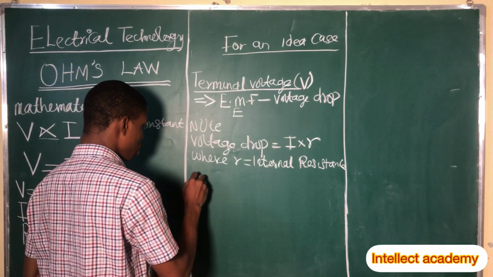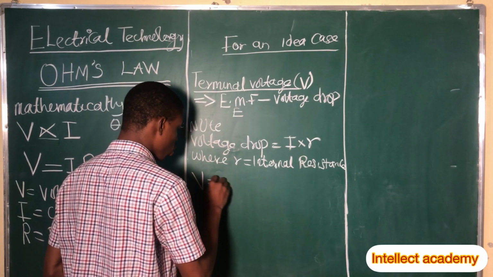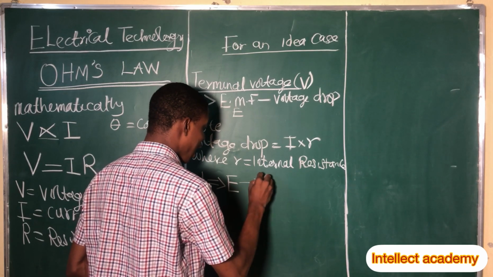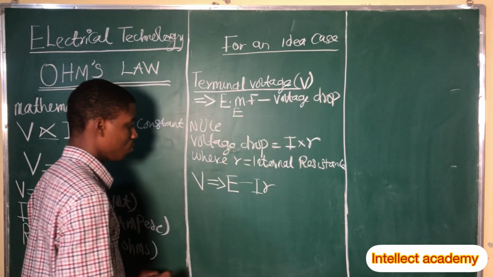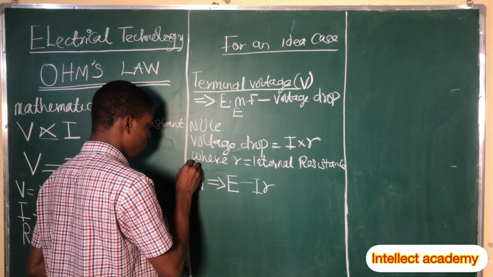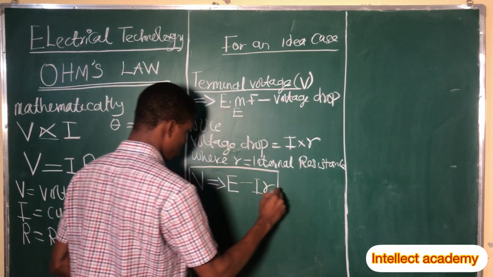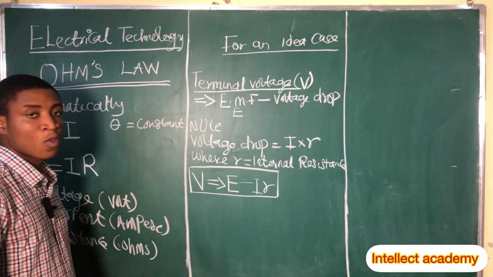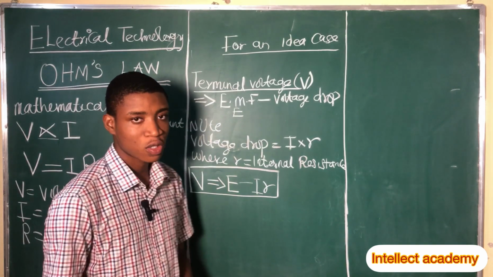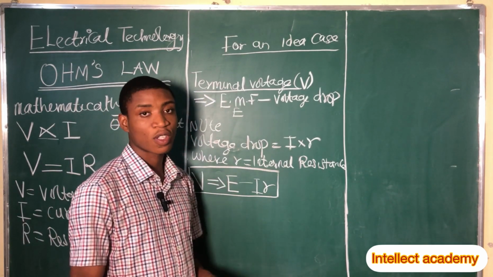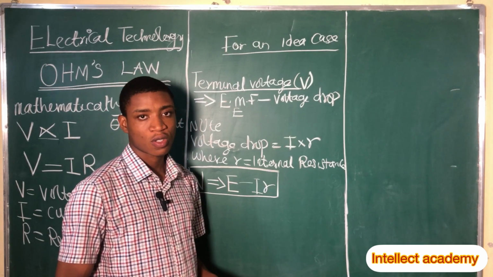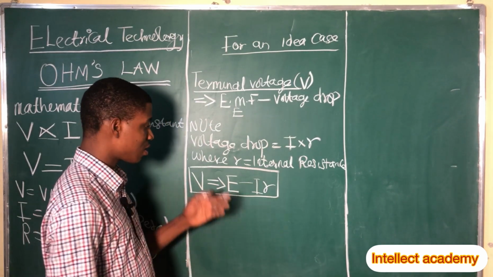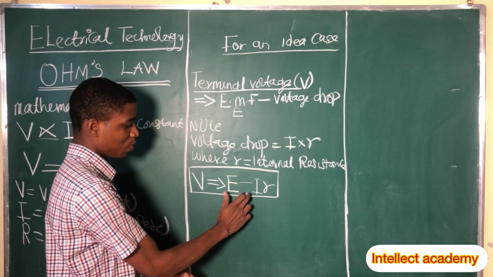So we have our terminal voltage V equals E, which is the EMF, minus I r. So take note that this is the expression for an ideal case where there is an internal resistance. The EMF of the source depends on the internal resistance of the source r, such that it is given by this expression.